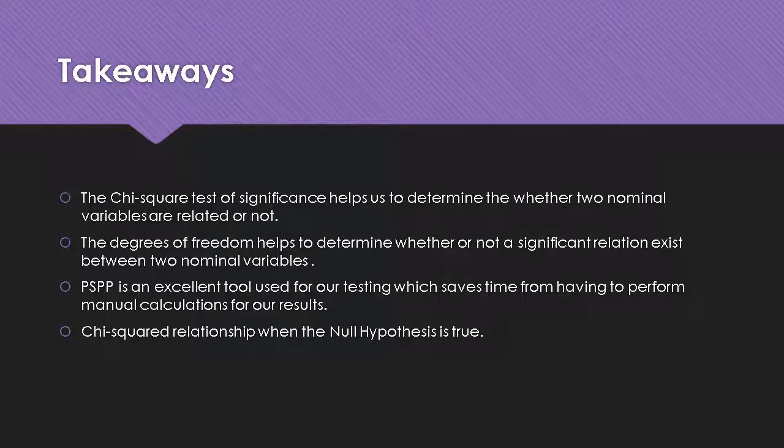Relatively easy to use. For me, I've used it a couple of times, and it becomes easier each time. We fail to reject the null when the result is not significant, as we've seen in the first two tests.